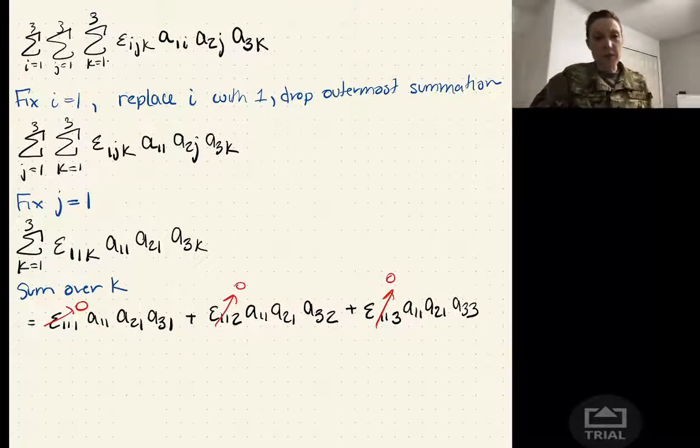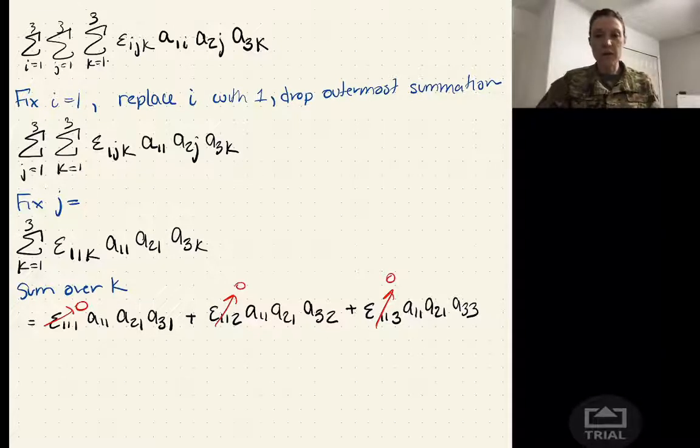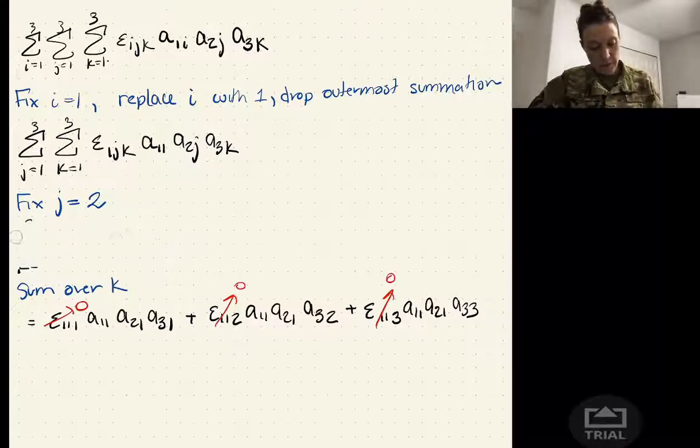I would encourage you to pause this, but what I'm going to do is erase the fixing of j to 1, and now I'm going to fix j at 2. Let's find out what happens.